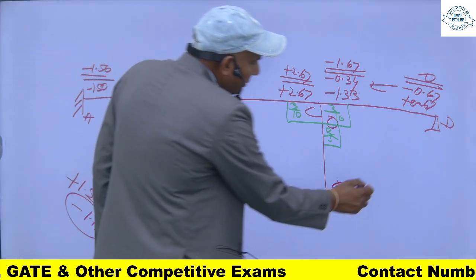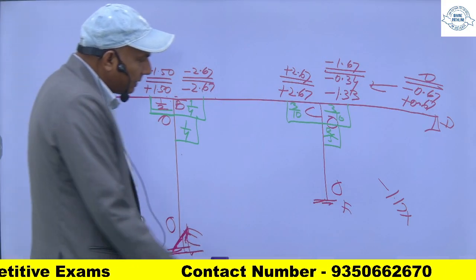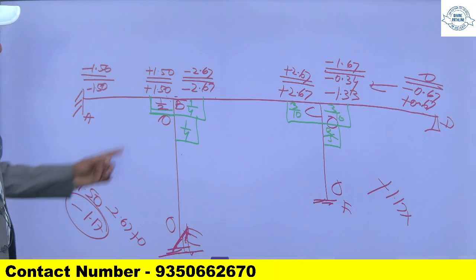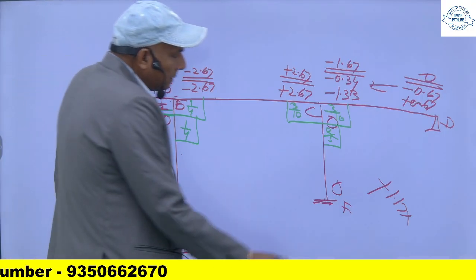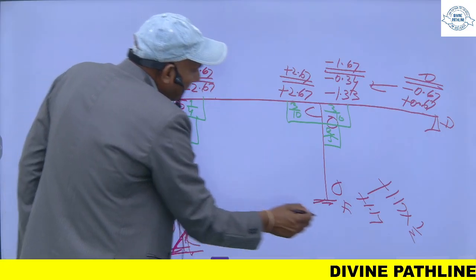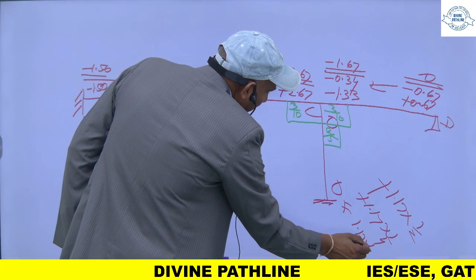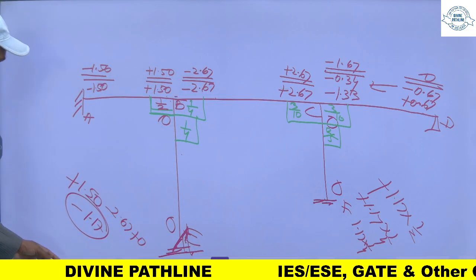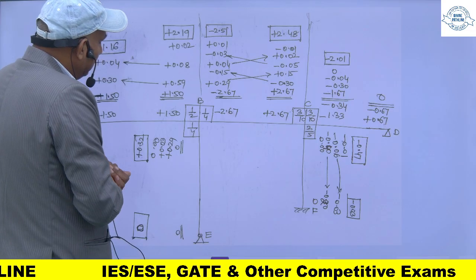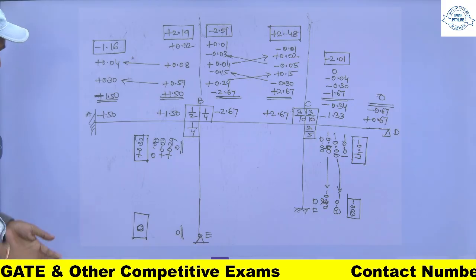So this minus 1.17 will be distributed. For this I will apply a correcting moment of plus 1.17 so as to make it 0, and that will be distributed according to this into 1 by 2. Then for this member it is 1 by 4, and for this member it is 1 by 4, and I will get 0.59, 0.29 and 0.29.